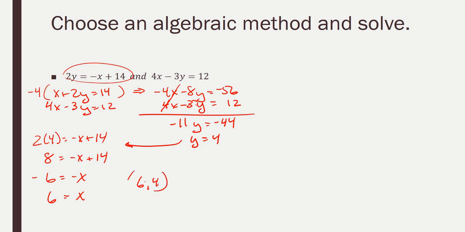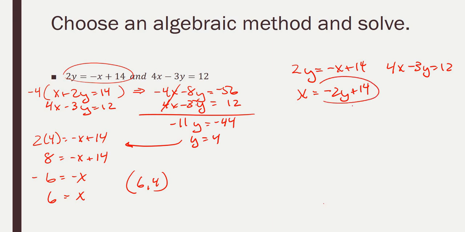That's better. All right, let's try substitution. 2y equals negative x plus 14 and 4x minus 3y equals 12. I've set them up side by side. I'm going to add the x to this side and subtract the 2y to isolate my x.